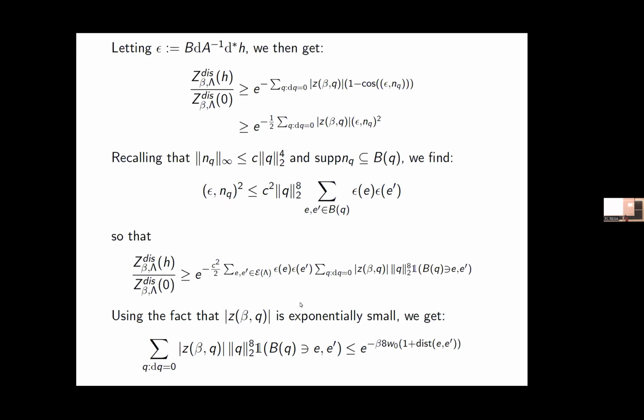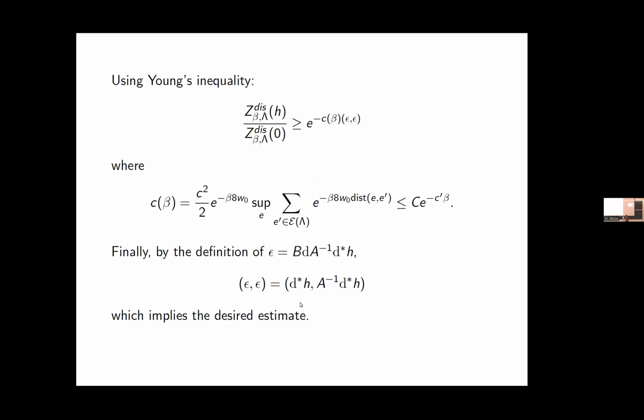The L1 norm of the kernel is exponentially small in beta. So it's summable and is exponentially small in beta. So at the end of the day, I get e to the minus the L2 norm of epsilon times an exponentially small correction.